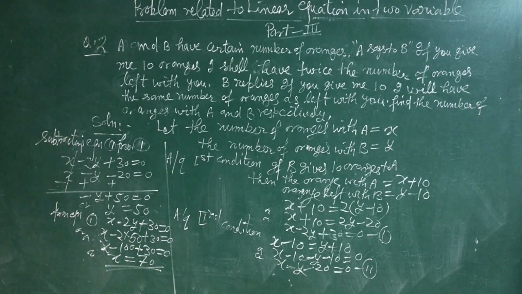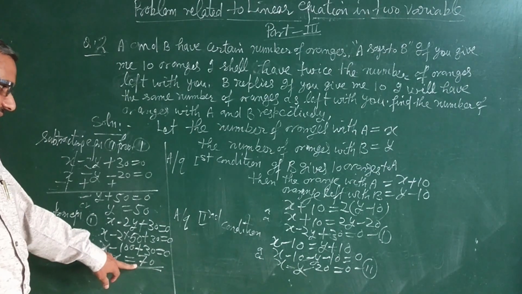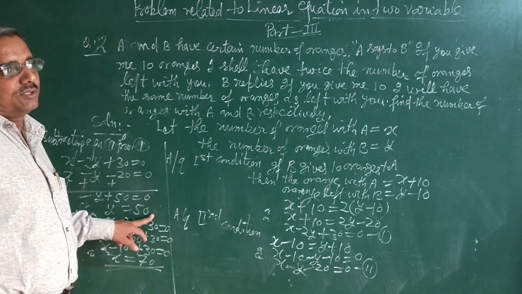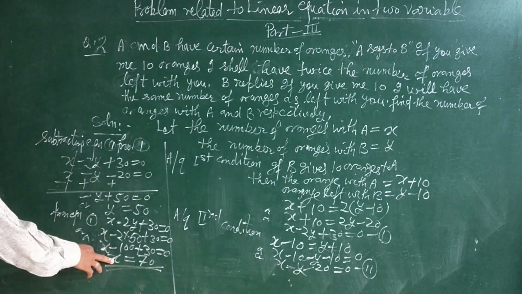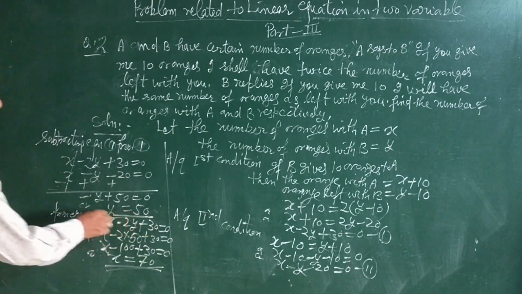That's the number of oranges with A, that is 70, and the number of oranges with B is 50. The number of oranges with A is 70 and with B is 50.